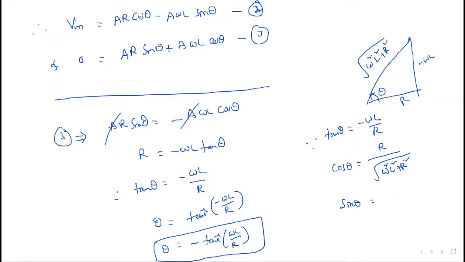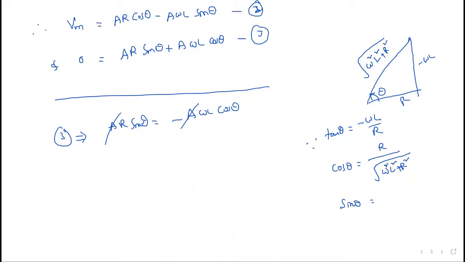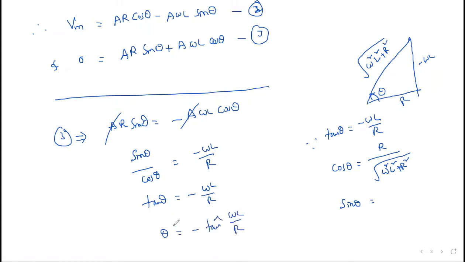Okay, let me do this again. Let me do once again, it's better. From this, sin theta by cos theta is equal to minus omega L by R. So tan theta is equal to minus omega L by R. Therefore, theta is equal to minus tan inverse of omega L by R. Equation is same.